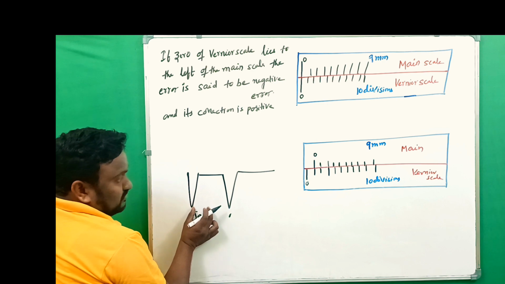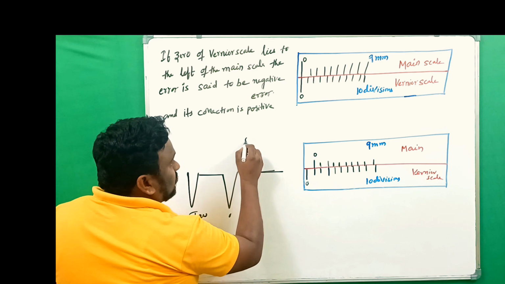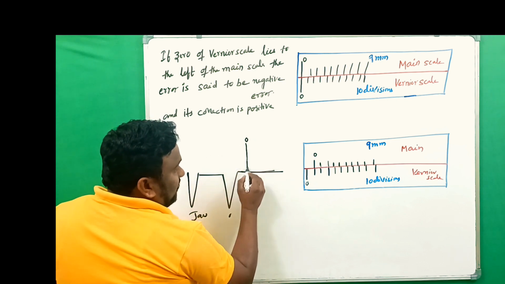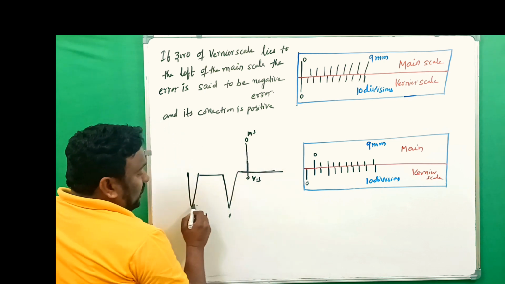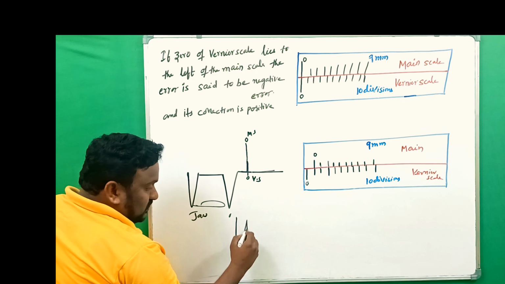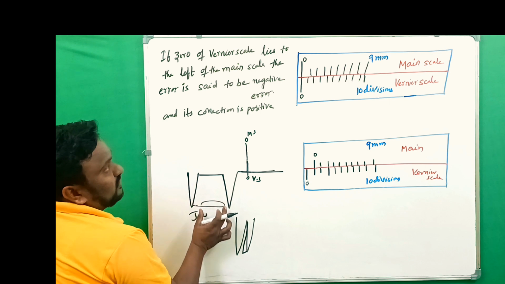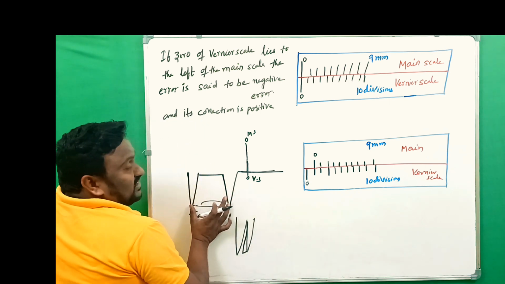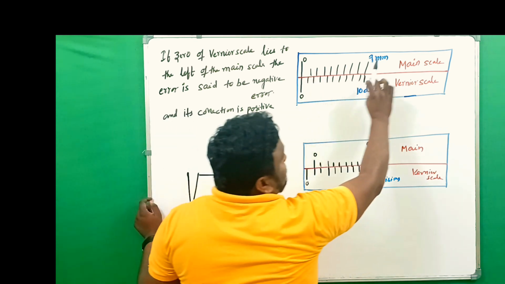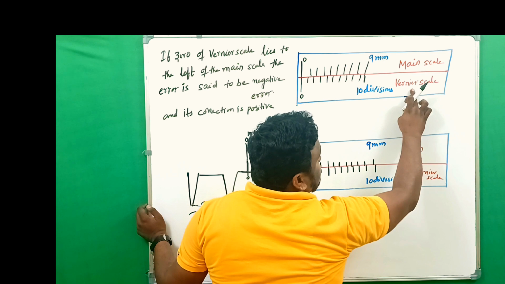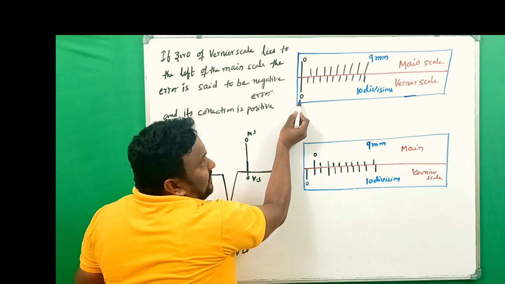When these two jaws come in contact, you have to observe whether there is any coincidence of the zero division of the main scale and the zero of the vernier scale. When both jaws come in contact like this, both should come very close, with no gap between them. Clear? The upper portion is the main scale and the lower portion is the vernier scale, and this is the zero division of the main scale and this is the zero division of the vernier scale.